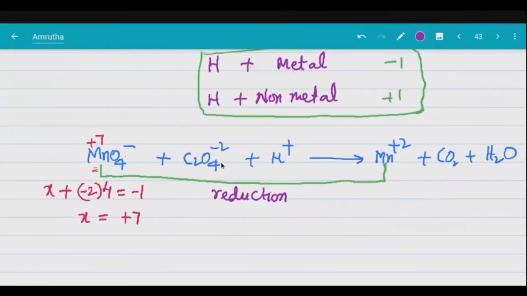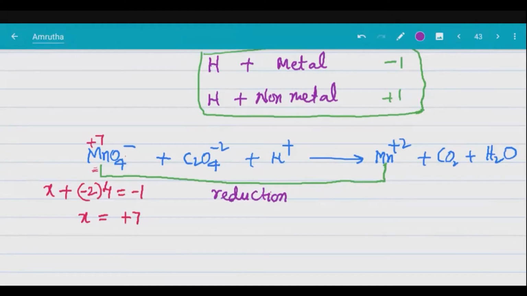Now C2O4 minus 2. What is the other element? Carbon. Oxygen usually, in 99% of cases, doesn't change. But in 1% of cases, oxygen can change, like in peroxide and superoxide formation, then the oxidation number can change.